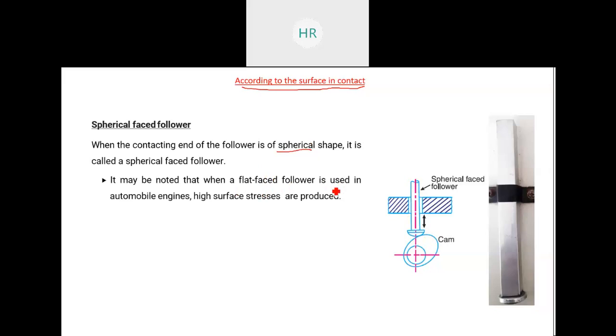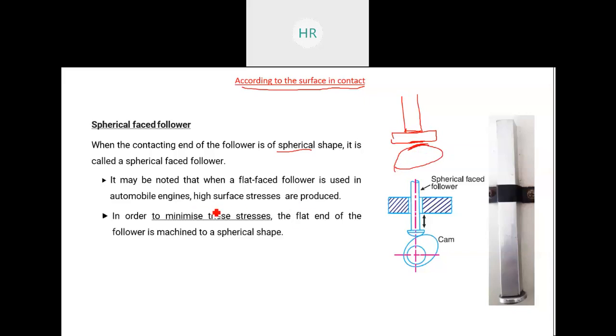When a flat face follower is used in an automobile engine, high surface stresses are produced, both on the follower and over the surface of the cam. So in order to minimize these stresses, the flat end of the follower is machined to a spherical shape.